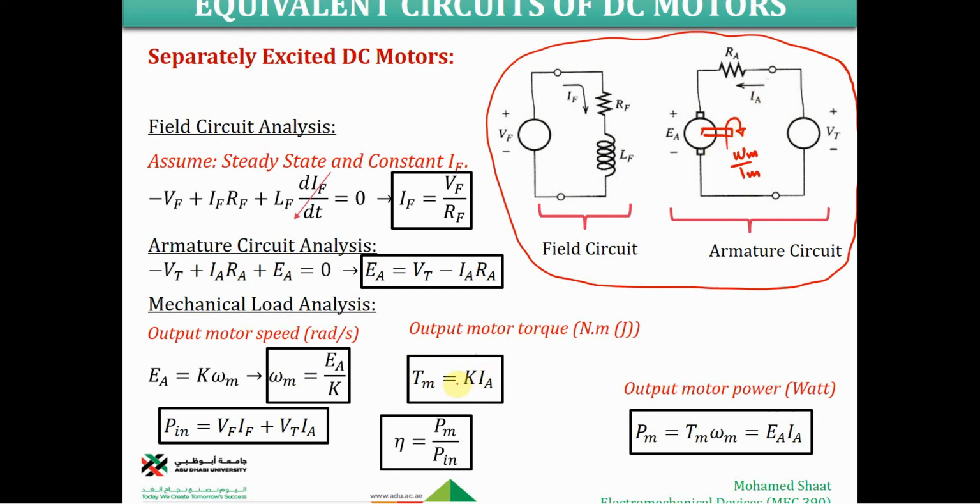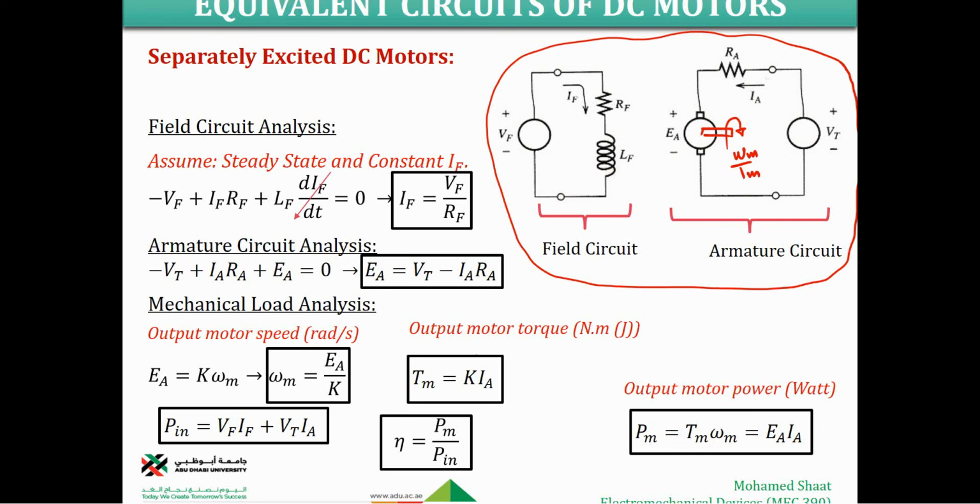Make sense? So as you can see, for this configuration of the electrical motor, as we said, an electrical motor makes use of electrical energy and converts it into mechanical energy. So the question is, how much electrical power do we deliver to this electrical motor to generate a mechanical power?